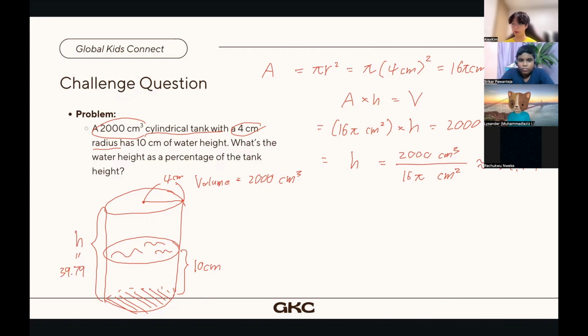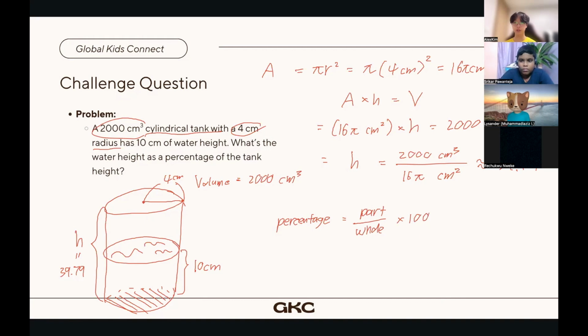So going back to what the problem asked for: what's the water height as a percentage of the tank height? If you remember, finding a percentage is equal to part over whole times 100.